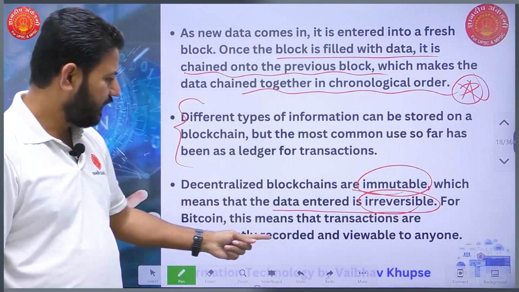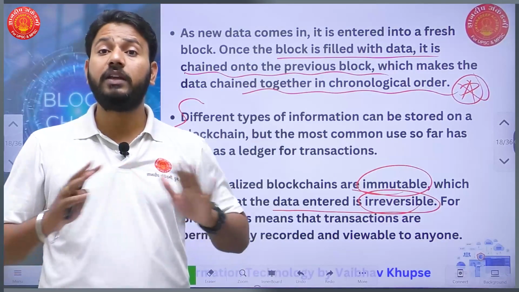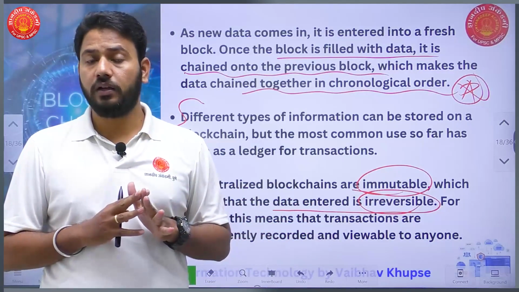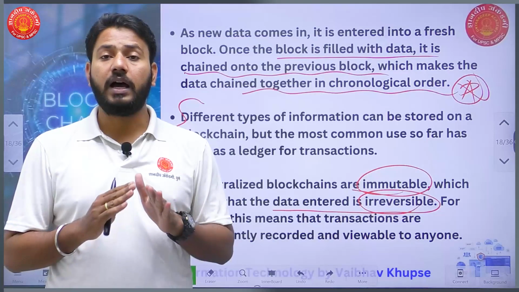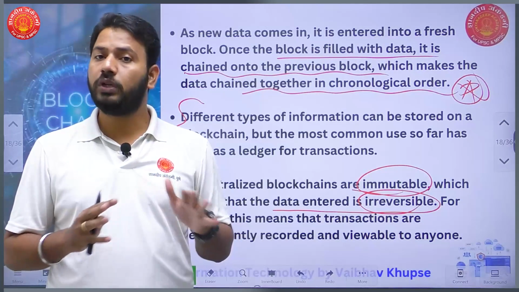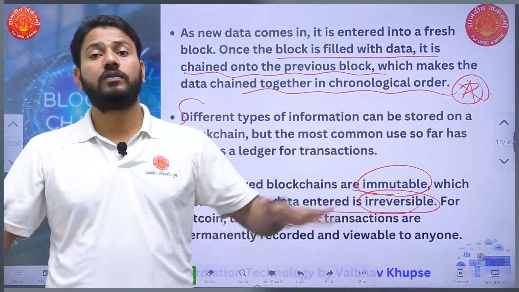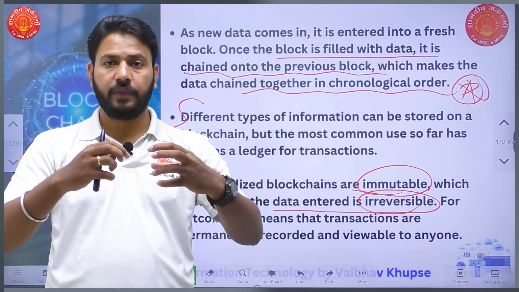For Bitcoin, this means that the transactions are permanently recorded and viewable to anyone. All the Bitcoin transactions are recorded forever. They are immutable, they are irreversible, they cannot be changed, and they are also viewable to all the nodes.